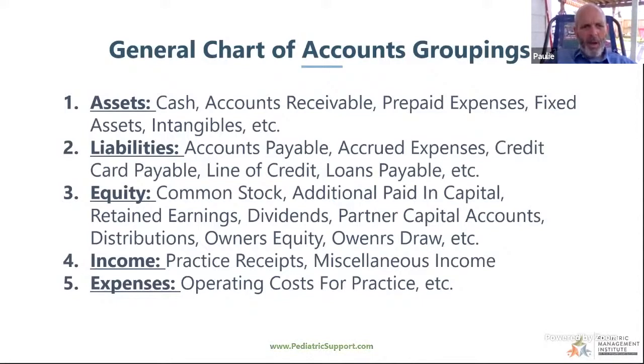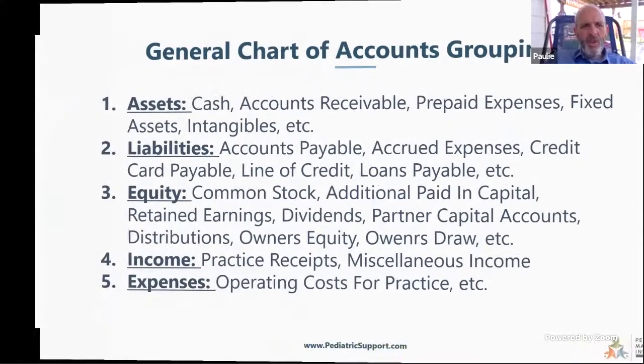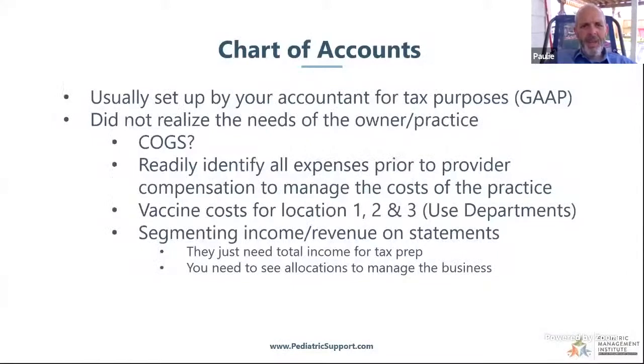I'm a little worried about assets. And the assets and liabilities show up on the balance sheet. But if I'm working with a practice month to month, I'm really looking at the last 2 items primarily, the income and the expenses. How can we get those buckets set up in a way that just makes some sense?